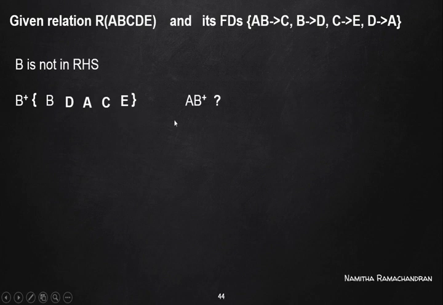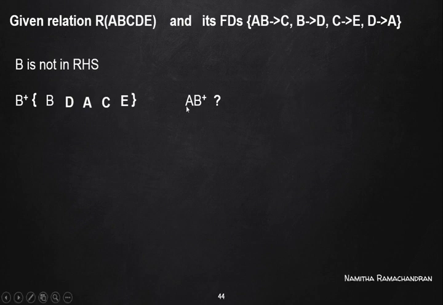Now check some other set that contains two attributes. One is B, AB. Is it a candidate key? Is there any chance for this AB set to become a candidate key? No. Why?